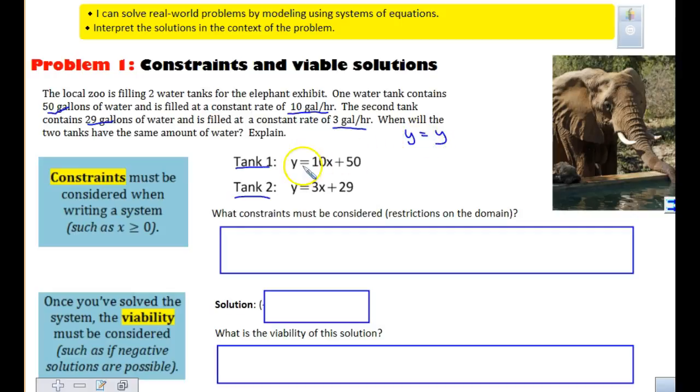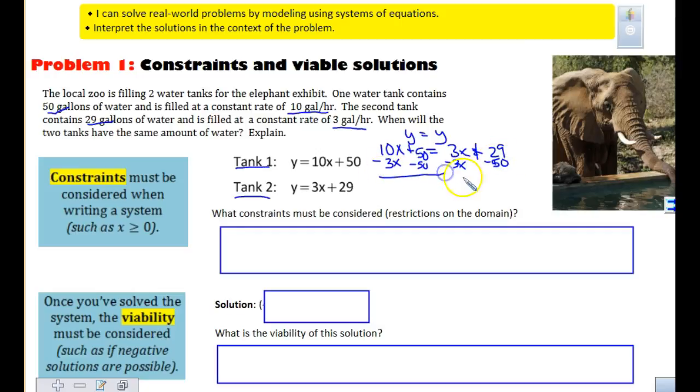We need to know when tank 1 equals tank 2. So we're going to put that first equation, so write that, 10x plus 50 equals 3x plus 29. We're going to subtract our smaller x, 3x, from both sides. And we're going to subtract 50 from both sides at the same time, right?